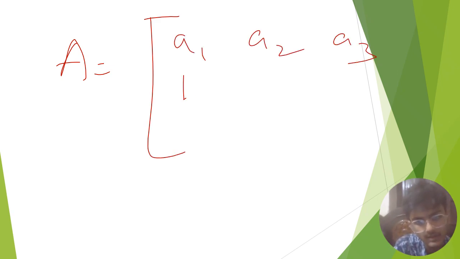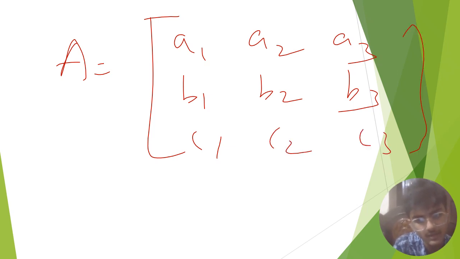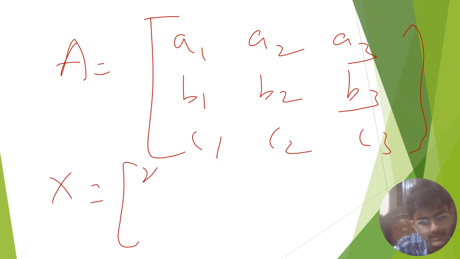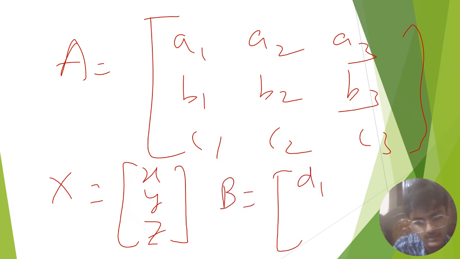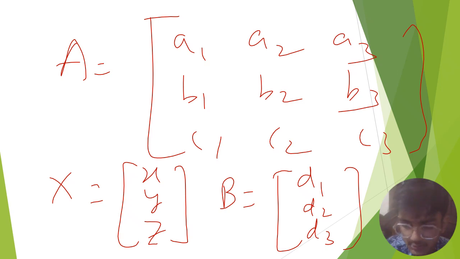A will be like this: a1, a2, a3, b1, b2, b3, c1, c2 and c3. X is like this, got it? And B is like this: d1, d2 and d3. I hope you got it. Now these are the matrices which we defined to understand the matrix method to solve a system of linear equations, right?